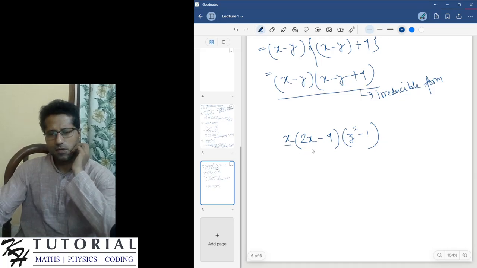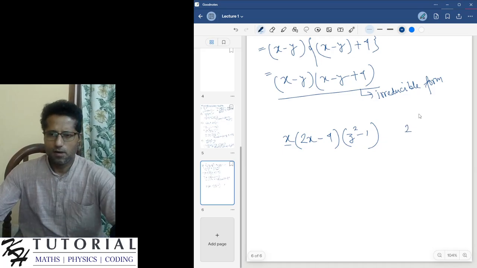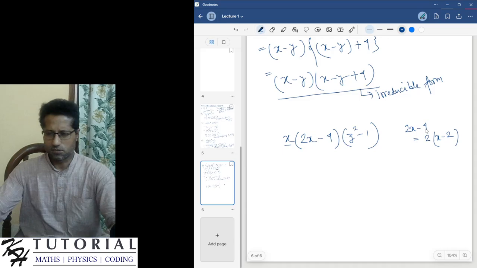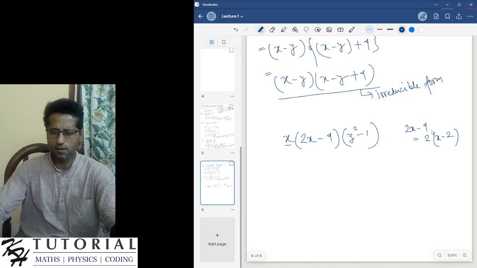Why? Because the factor 2x minus 4 is not an irreducible factor, because this can be further expressed as 2 multiplied by x minus 2. So since 2x minus 4 can be further expressed as a product of two or more factors, it is not an irreducible factor.